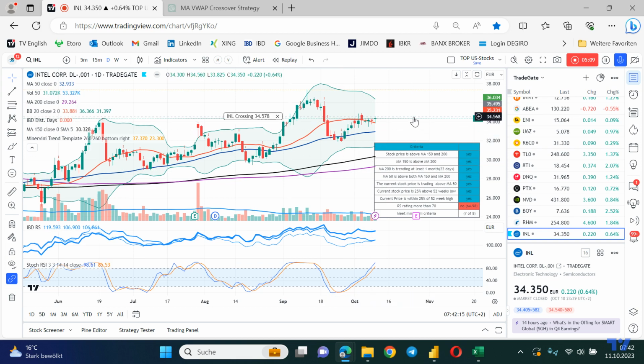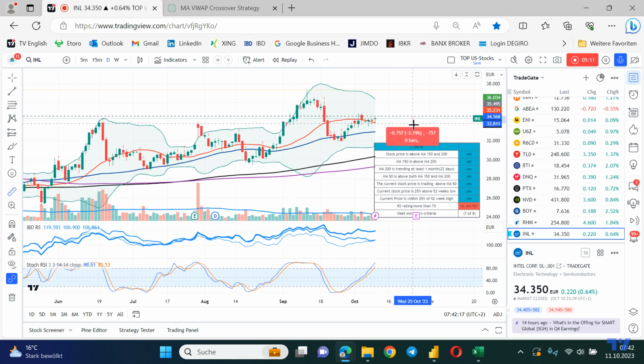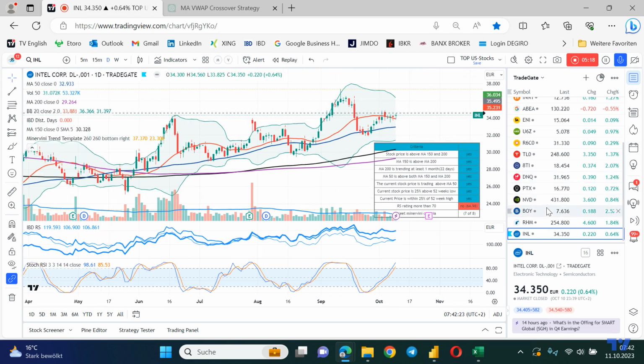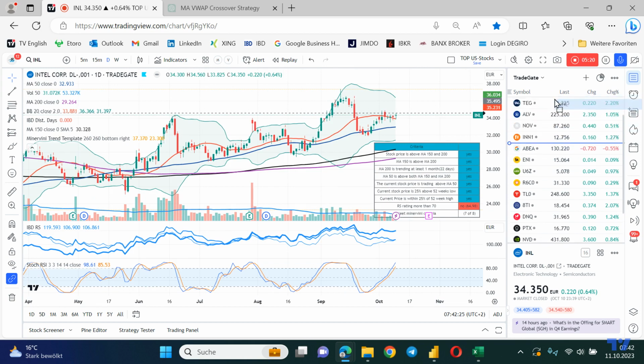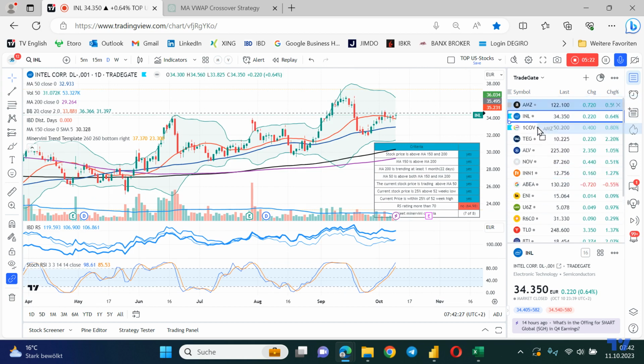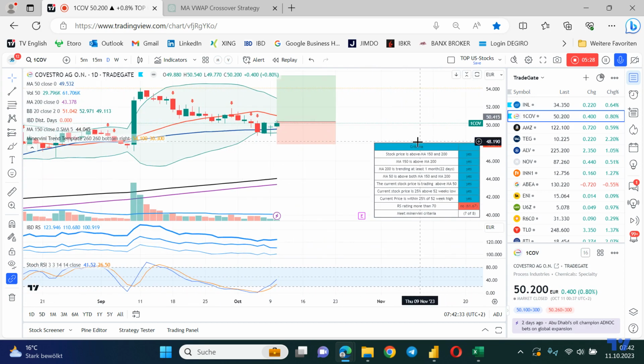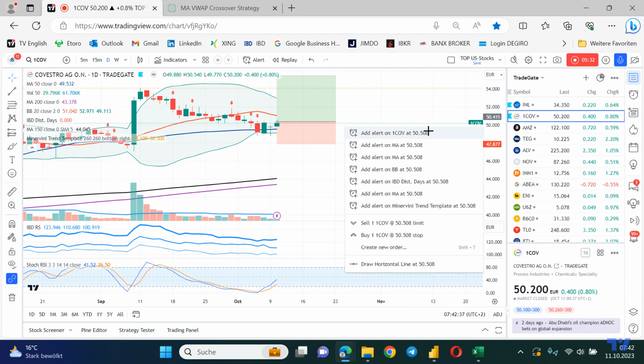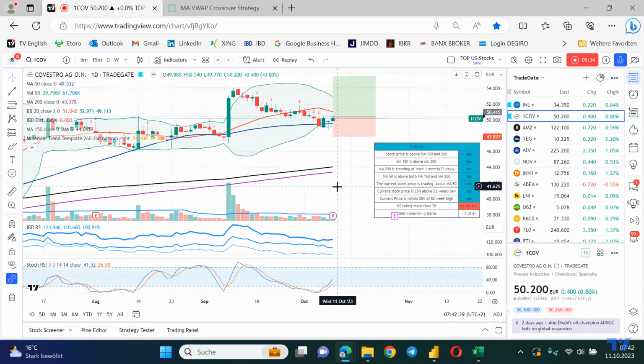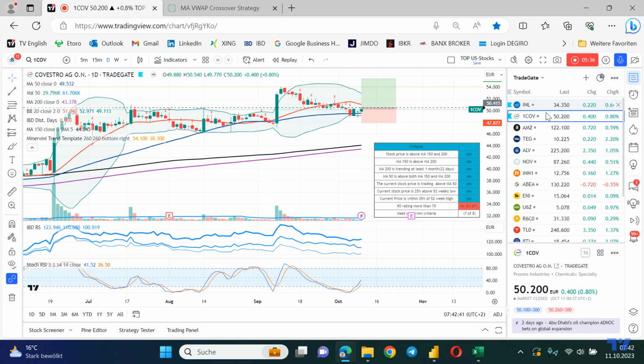Let's also check, always check the distance to the 50-day moving average. This is below 5%. That is still good. So it's a small number, but we have 2 stocks on our watch list for today. Let's set an alarm here. Consider to open a position whenever these alarms are being triggered.